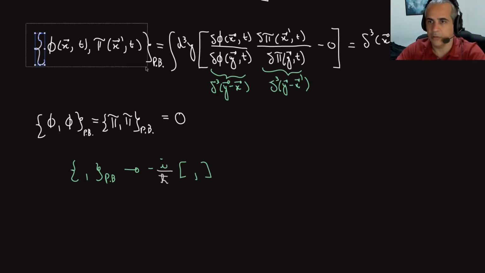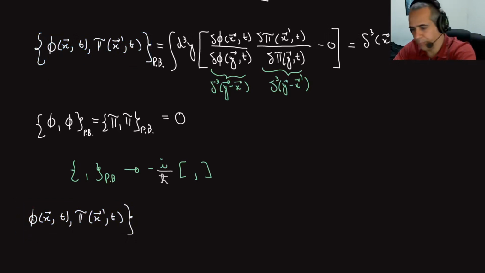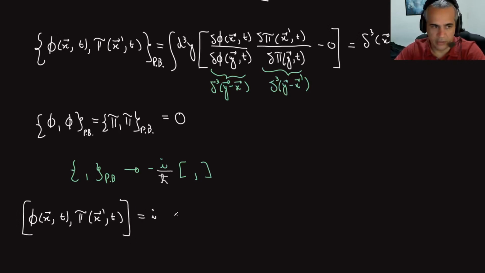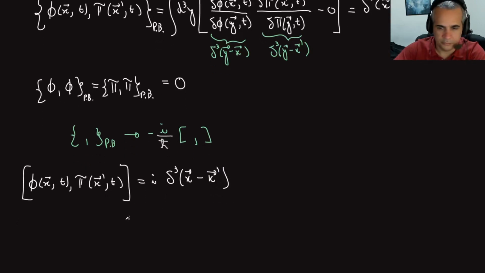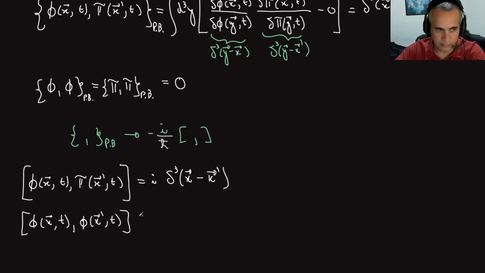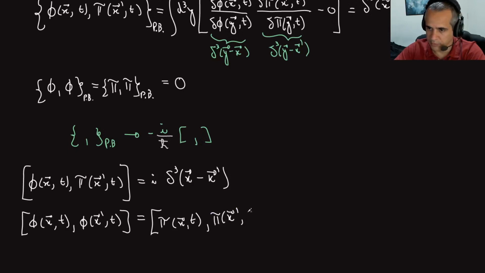So I have the commutator at equal times, phi of x t and pi of x prime t, equal to i delta 3 of x minus x prime, and phi of x t with phi of x prime t equals pi of x t with pi of x prime t equals 0.